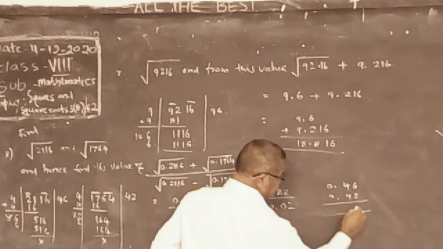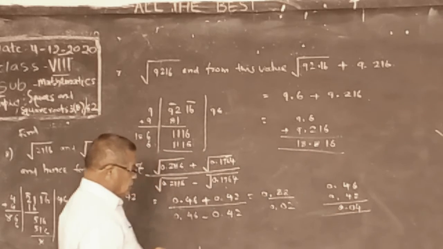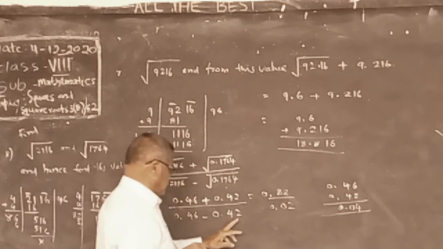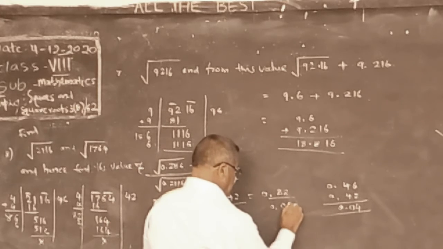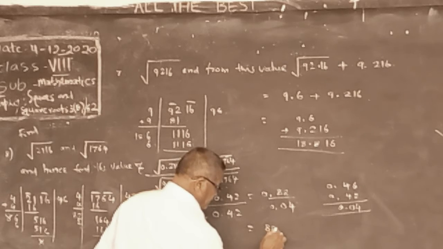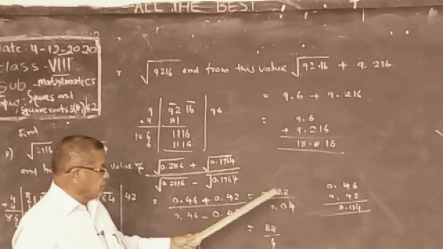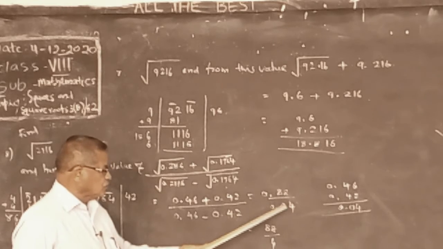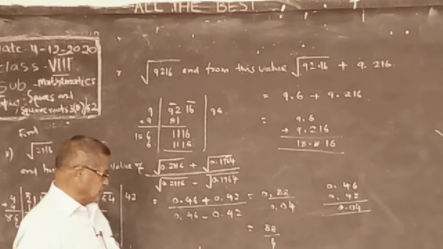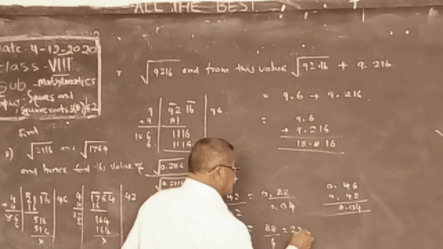The remainder is 6 minus 4, 0.4. 6 minus 4, yes. Both the decimals are same. So 88 by 4 we can write, because here 2 places are there, here also 2 places are there, decimal places. So we can cancel. This is nothing but 22, answer.